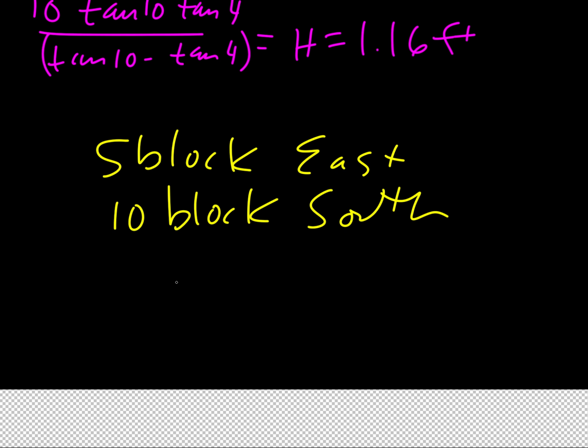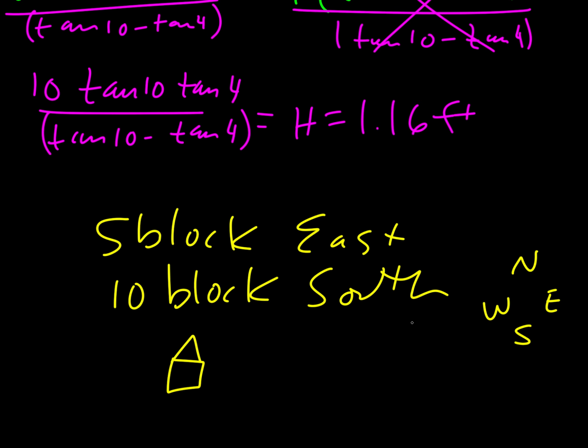Okay, so we have the house. And if we say north, east, south, west, we're thinking like that. On our diagram, we go 5 blocks east, 10 blocks south, but then the shortest distance would be this line.